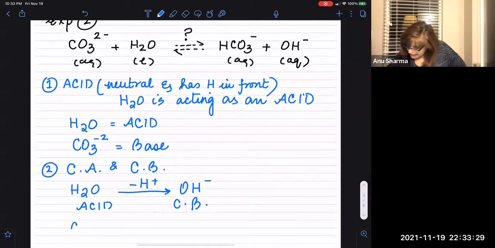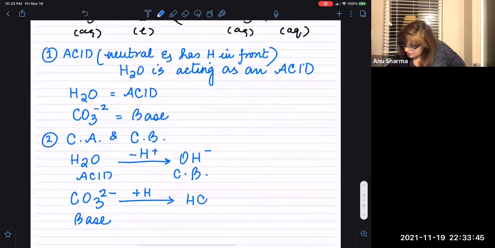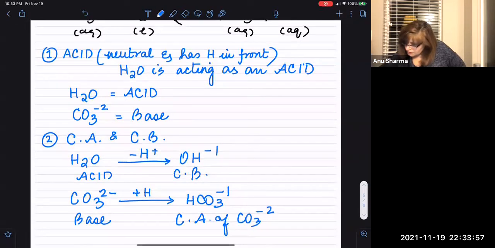Now the carbonate ion, CO3 2 negative, is a base, so it accepts that one hydrogen ion and forms HCO3 1 negative. So this is the conjugate acid of carbonate ion, and OH is the conjugate base of H2O.